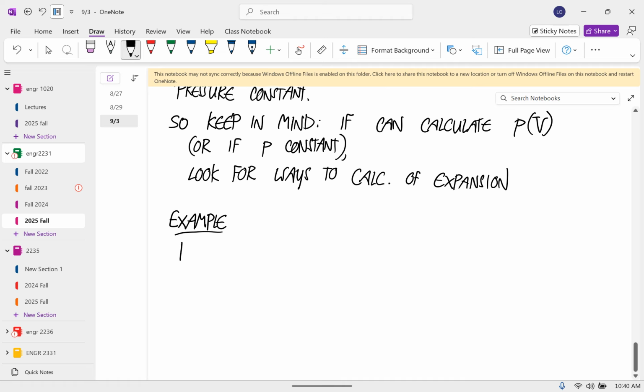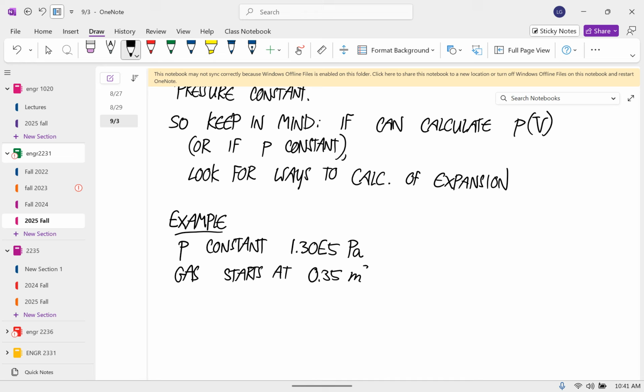So let's say that the pressure is constant at 1.30 times 10 to the fifth pascals. This is the pressure in this gas, and the gas starts at 0.35 cubic meters.